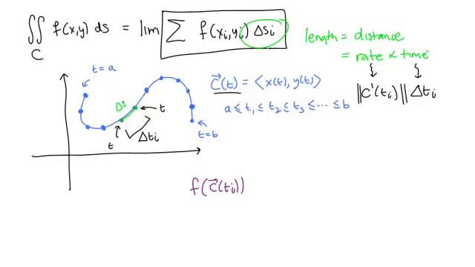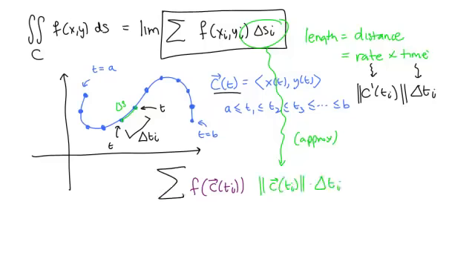And so what that means is that the delta si term, the length traveled, is approximately given by the speed at that particular point times the amount of time it took us to travel there.